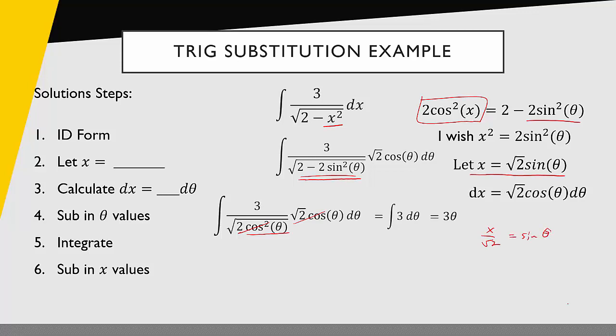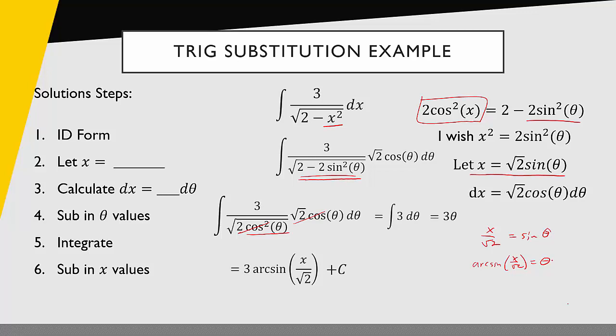And my whole goal here is to solve for theta, so now I just need to take the arc sine of both sides. So it looks like theta is equal to arc sine of x over root 2. So if I plug that value of theta in, I can get my final answer in terms of x. And one last step, don't forget to add your plus c.